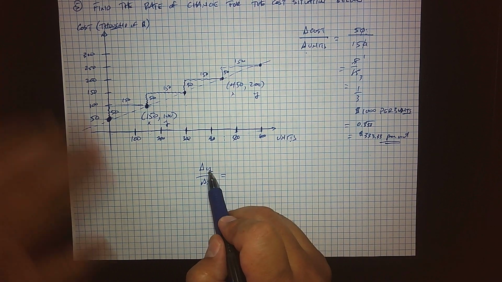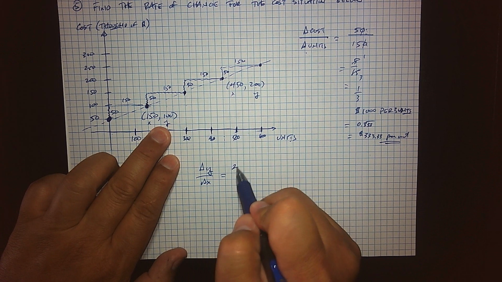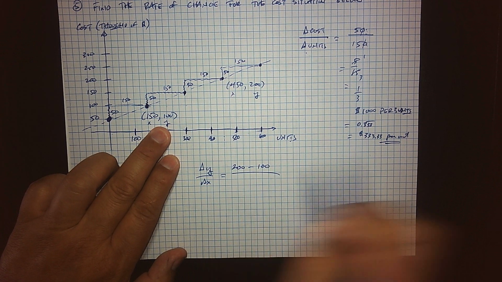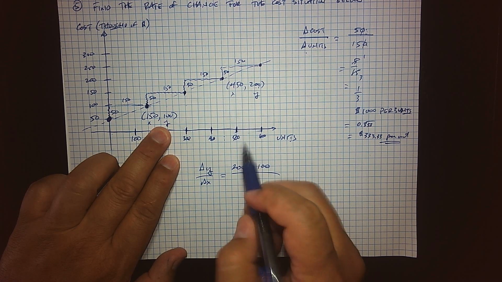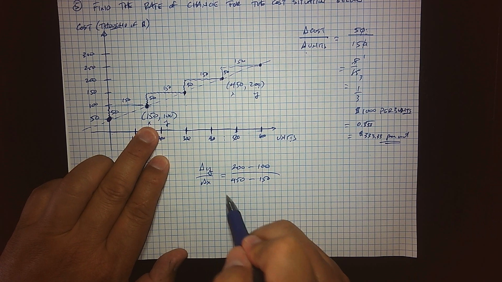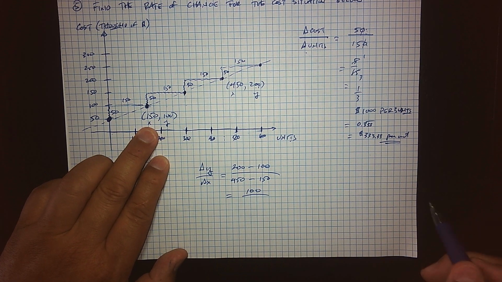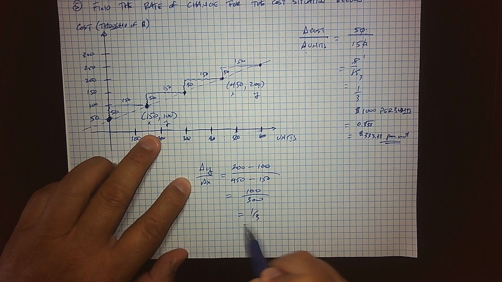What's the change in y? When I move from one data point to the other, we're going from 200 to 100, and being consistent with x, we're going from 450 minus 150. If you do the math, on top we get 100, on the bottom we get 300, and lo and behold, there's your 1/3 yet again.